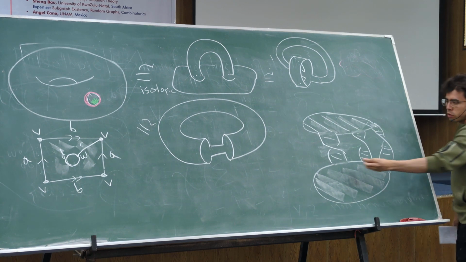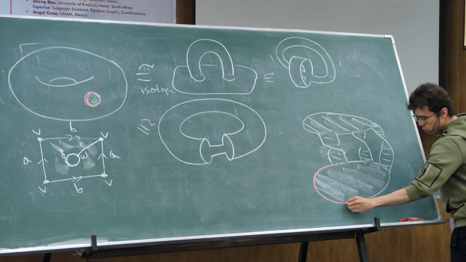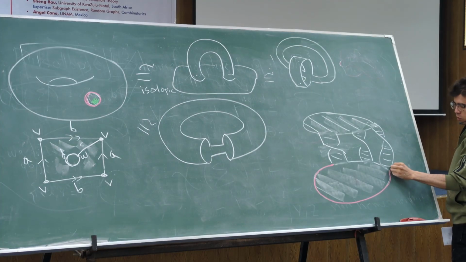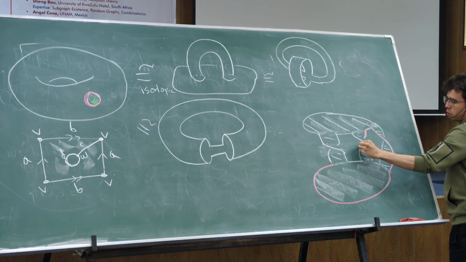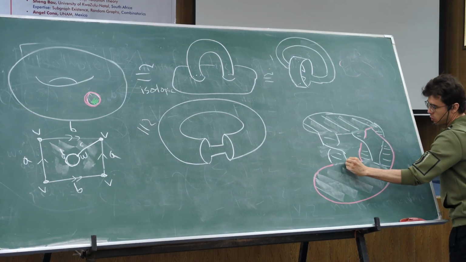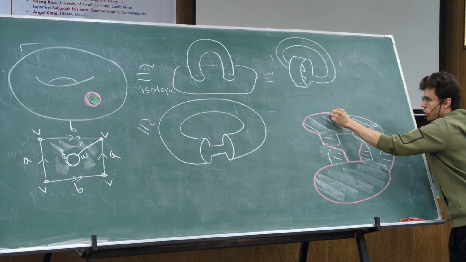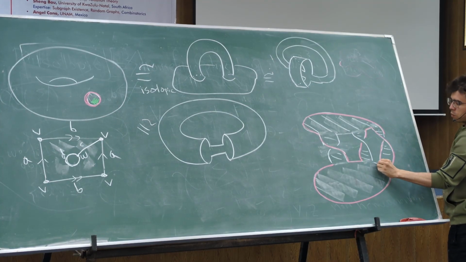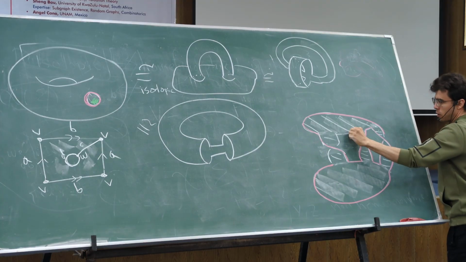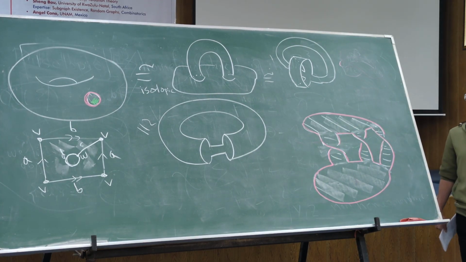So I start to color the boundary. So all this is boundary, boundary, boundary. Here. Only one boundary component.